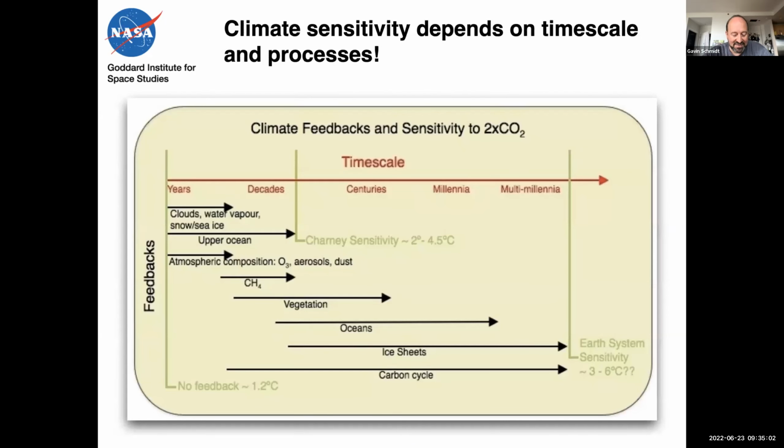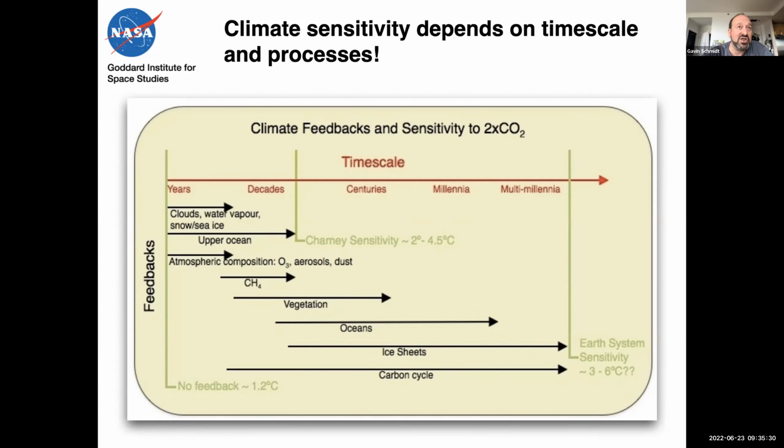And so we have to think about climate sensitivity a little bit more broadly than just the effective climate sensitivity that we're calculating right now. It depends both on time scale and on included processes, and the changes that we're seeing here are not the slow changes in ice sheets that people have tried to rule out from climate sensitivity.